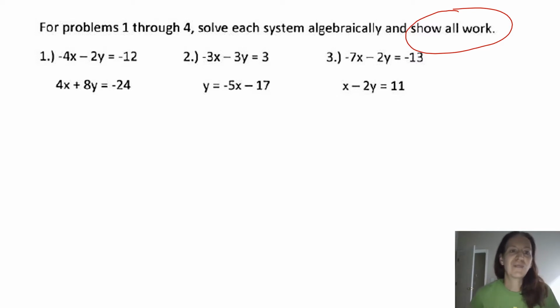So for this first one, we have negative 4x minus 2y equals negative 12 and 4x plus 8y equals negative 24. It was a problem like this, several years ago now, that tipped me off to Photomath, before the apps were really widespread, because Photomath does this problem in an absolutely insane, jacked up way. And it still does, because I just checked it the other day.